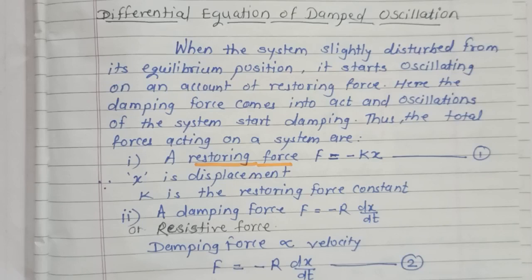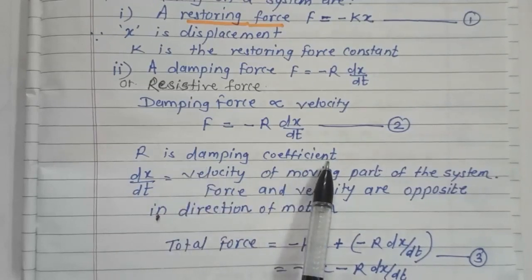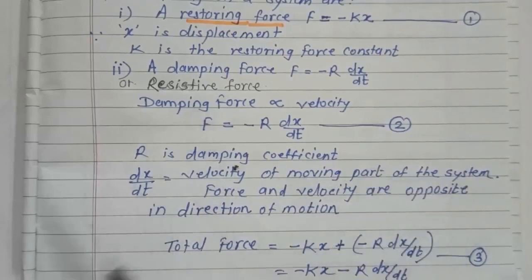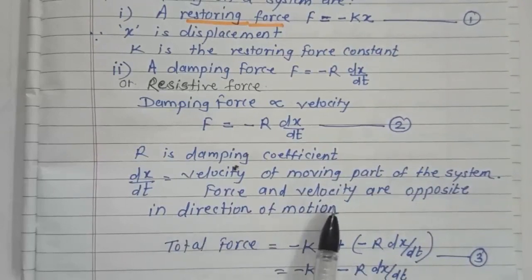This force is proportional to velocity, and force and velocity are oppositely directed, so that the damping force F is equal to minus R dx by dt, equation number 2. R is the damping coefficient. dx by dt is the velocity of the moving part of the system. Force and velocity are opposite in direction of motion.